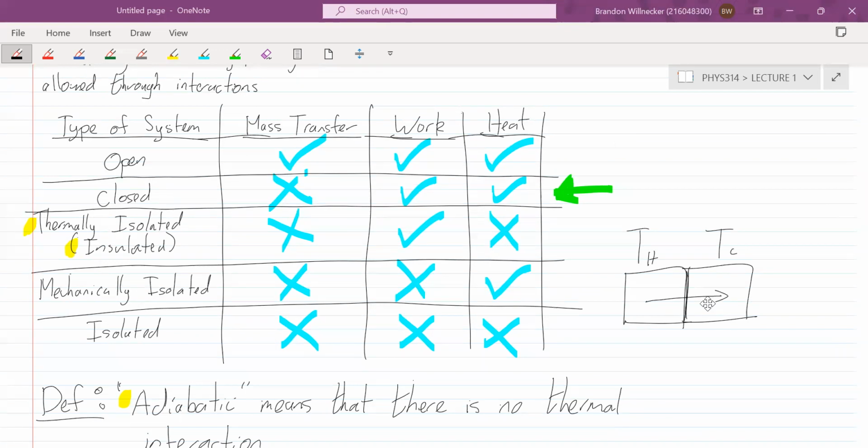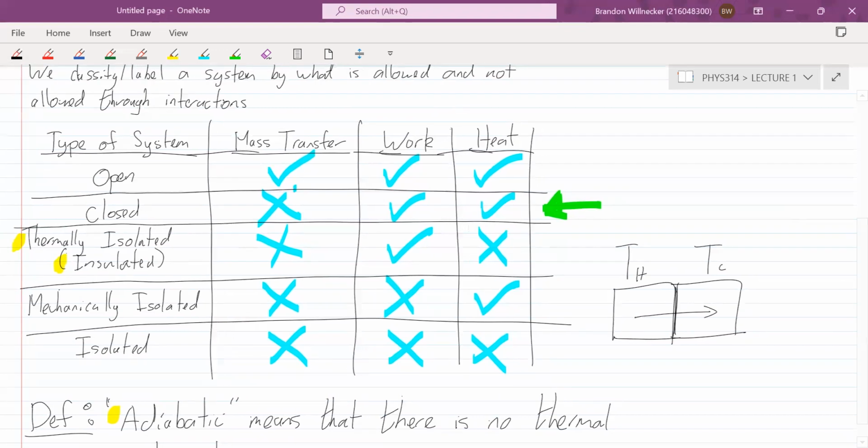And then thermally isolated, that's just like you can imagine, insulating your house. You can have a boundary that doesn't allow heat transfer. However, that boundary, for example, could be flexible, and then it can move back and forth. So work can be done, but heat can't be transferred.